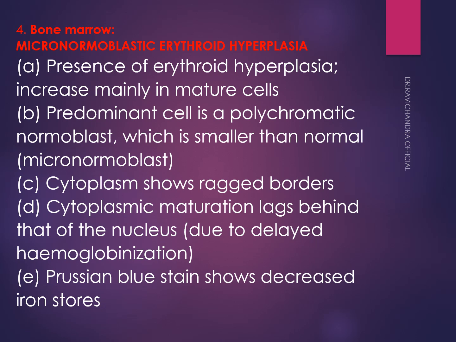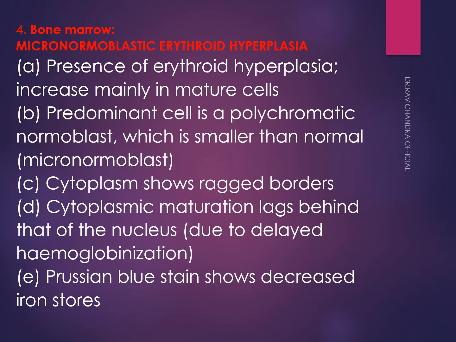As there is a deficit of iron, the erythropoiesis will go on continuing, but these polychromatic normoblasts are comparatively smaller than the normoblasts in a normal erythropoiesis case.